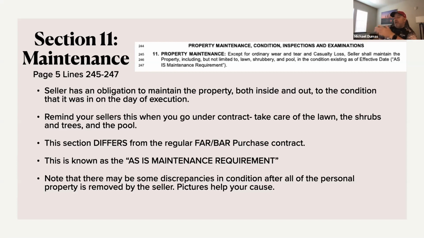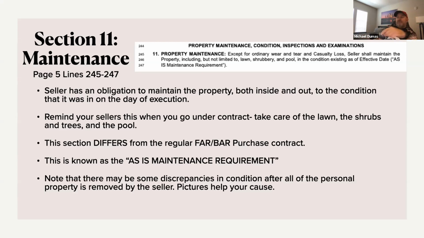Same with the hot water heater, same with appliances, same with flooring. Let's say you have a water leak and the floors get damaged, or the dog pees on the carpet. Well, that carpet now is not in the same condition. So those are things that you need to be aware of and address, okay?